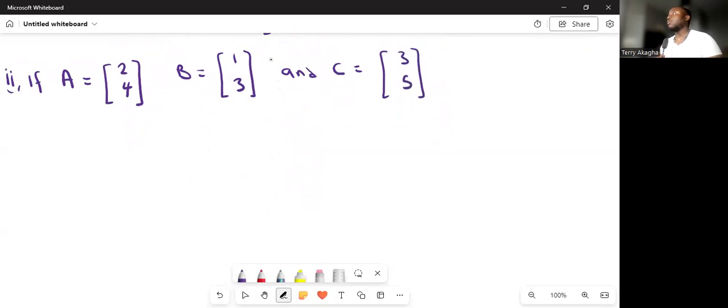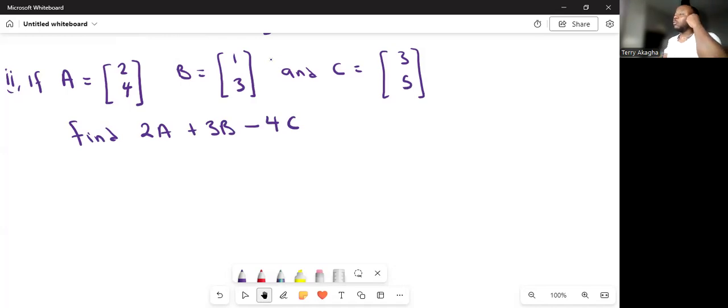We're now told to find 2A plus 3B minus 4C, okay? So as usual, like I said, you have to solve each of them. That means you do the scalar multiplication first, similar to BODMAS.